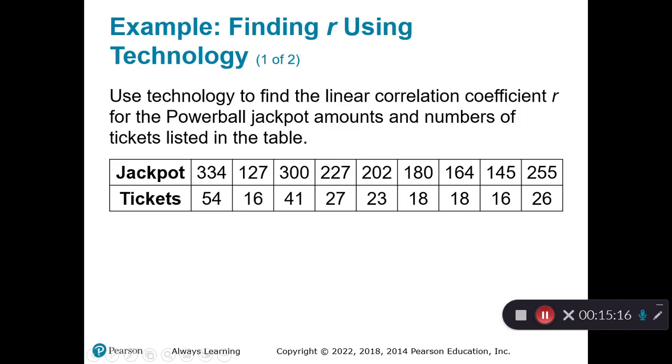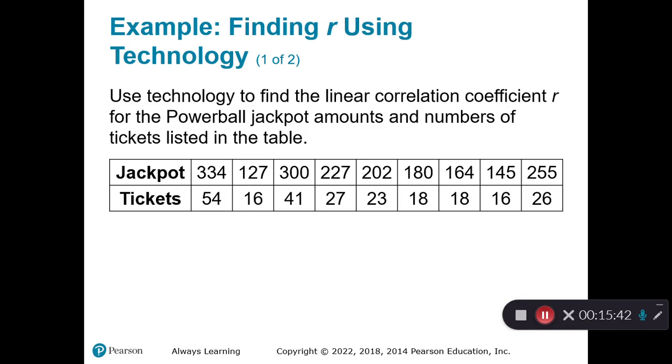Let's look at the following example, and we are going to find r with technology. Again, we're going to show the process of using the calculator on a separate video, but here's what we have. It says that we have Powerball jackpot amounts and then the number of tickets that were sold for each one.